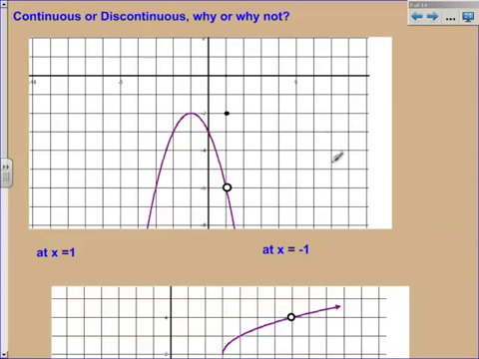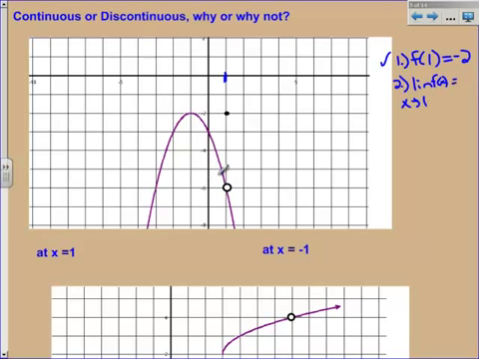Okay, so let's take a look here. Is this function continuous at x equals 1? At x equals 1, let's check and see. What is f of 1? Well, f of 1 is negative 2. So we've checked f of a is defined. What about number 2? What is the limit as x approaches 1 of f of x?